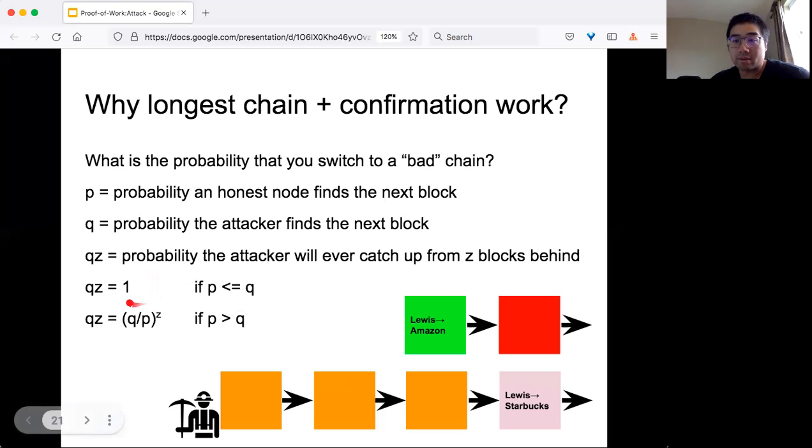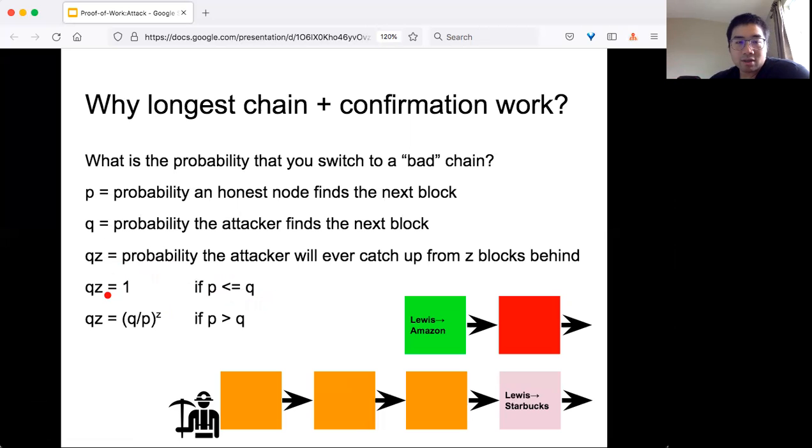This is the part where we talk about the 51% attack. Why 51? If Q equals 51%, then this condition holds, so the double spending attack can happen deterministically.